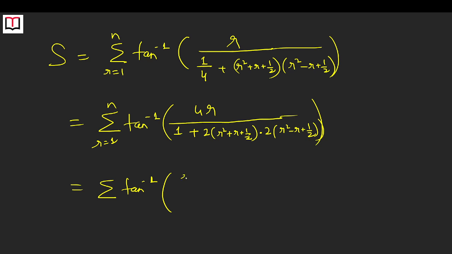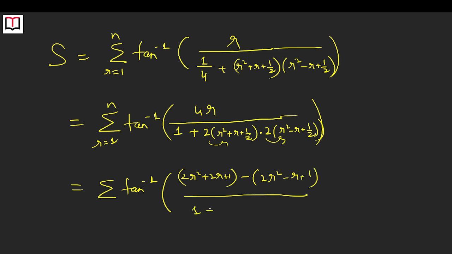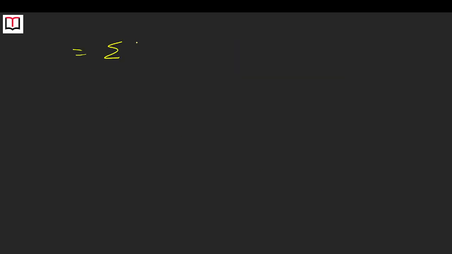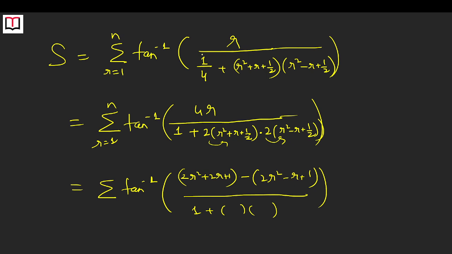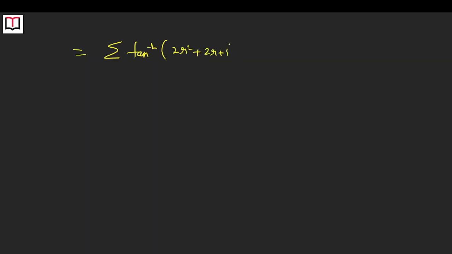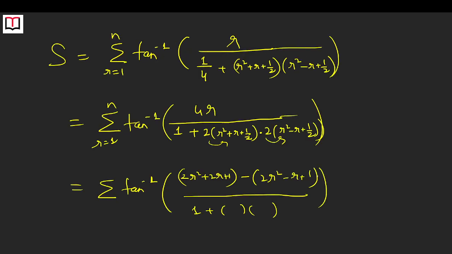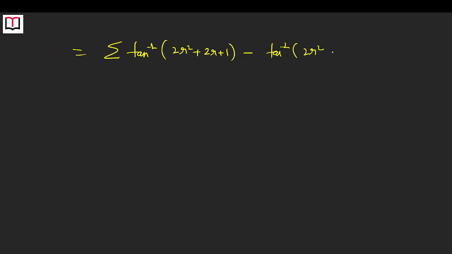So 2r square plus 2r plus 1, I'm taking this 2 inside, taking this 2 inside, minus 2r square minus 2r plus 1, upon 1 plus this into this. Okay, so it's simply summation tan inverse of 2r square plus 2r plus 1 minus tan inverse of 2r square minus 2r plus 1.